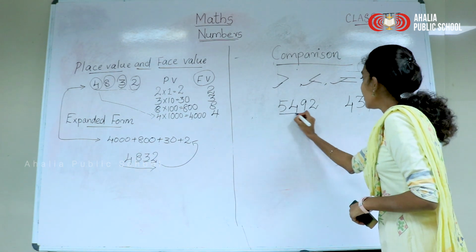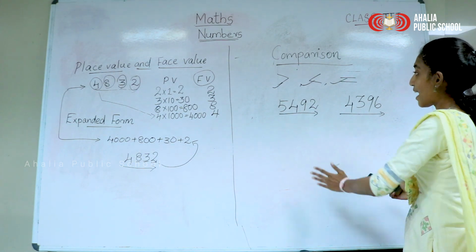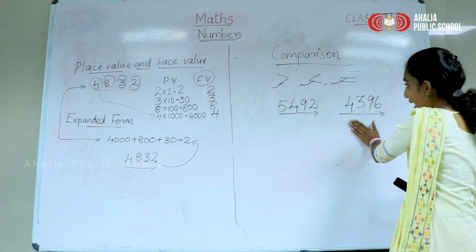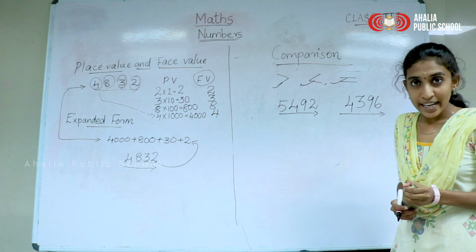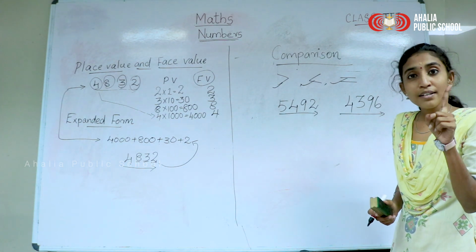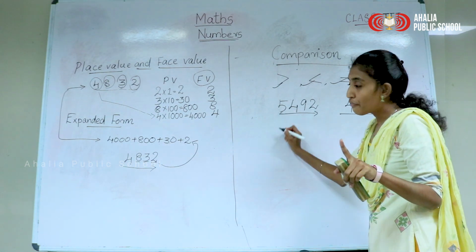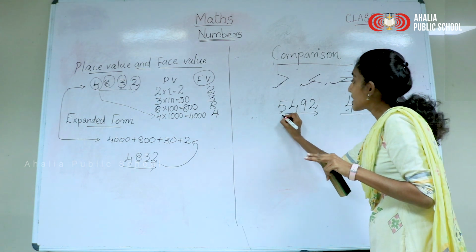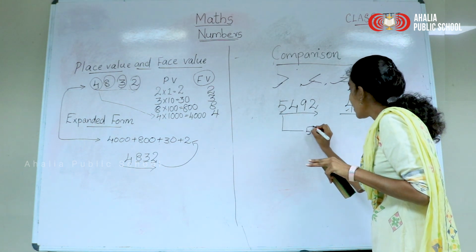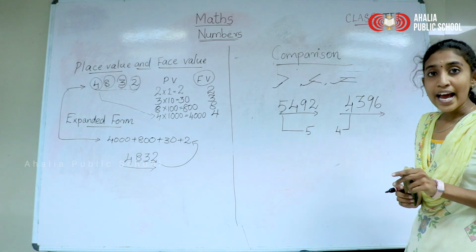Here we have an equal number of digits, 4 digits here and 4 digits here. So what we do is start comparing from the very first digit. Which is the very first digit here? 5. And here? 4. So let us compare 5 and 4.